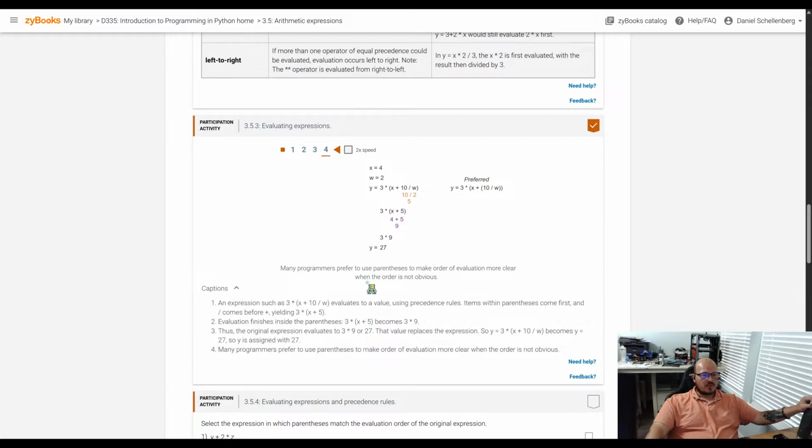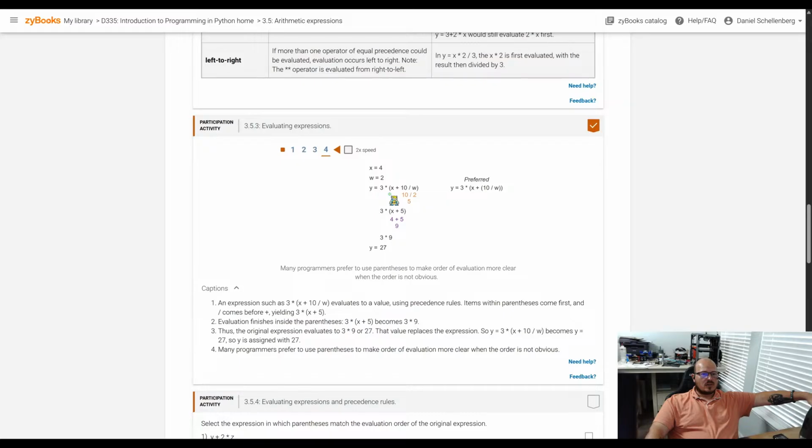Many programmers prefer to use parentheses to make order of evaluation more clear when the order is not obvious. Like doing it this way, it's preferred to do 3 times parentheses x plus parentheses 10 divided by w.